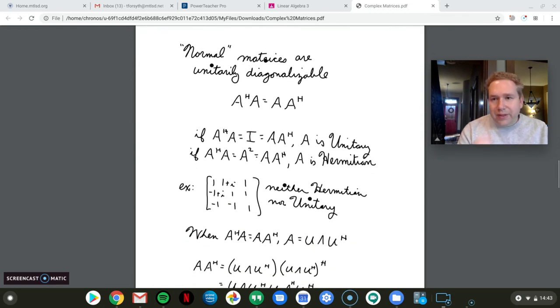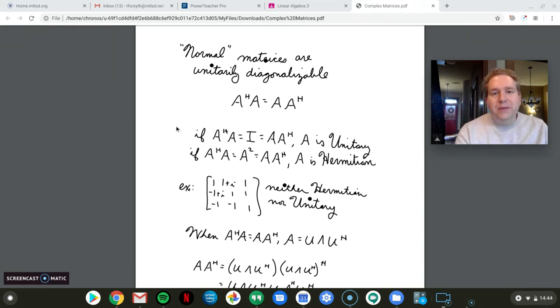And the third thing that I had put up on there was that normal matrices are what we call unitarily diagonalizable matrices. So we've seen orthonormally diagonalizable matrices in the previous chapter. So normal matrices are also orthonormally diagonalizable.